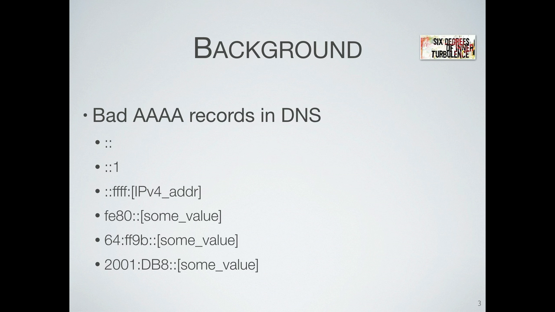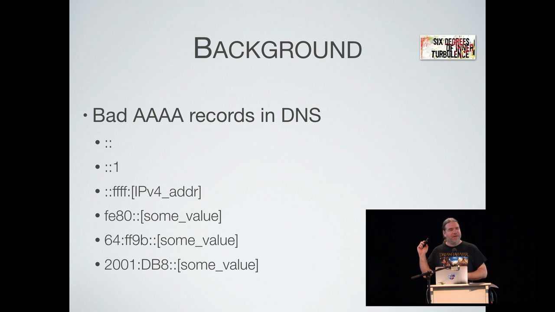Have you ever seen these things in the AAAA record? This actually happens on the internet. There are people that say, oh, I will add the AAAA record because I want to be IPv6. And then they add a colon. Well done. Or ::1, the localhost. Yes, I enjoy talking to myself. Really.